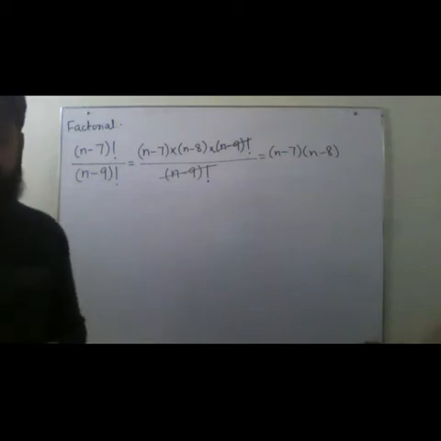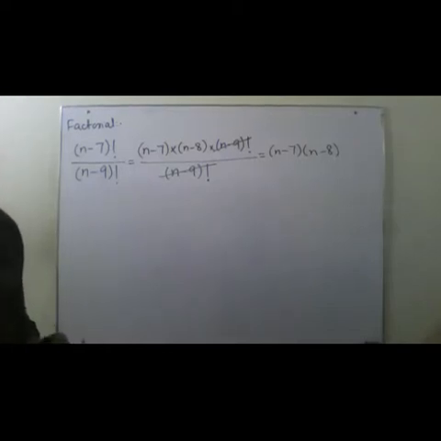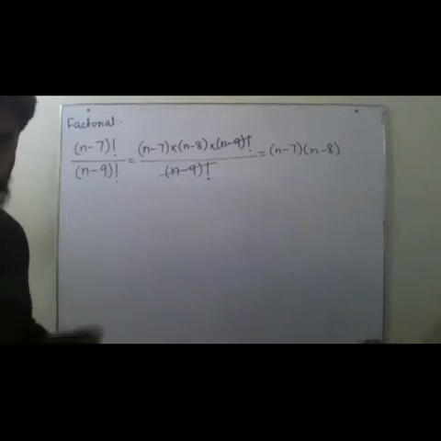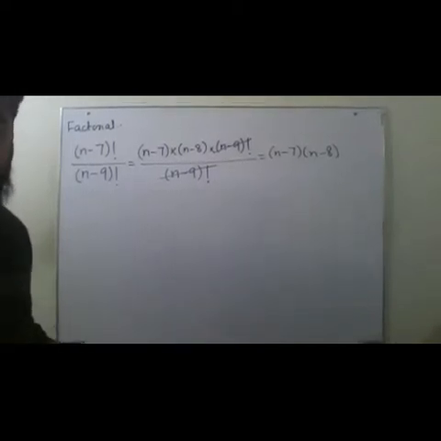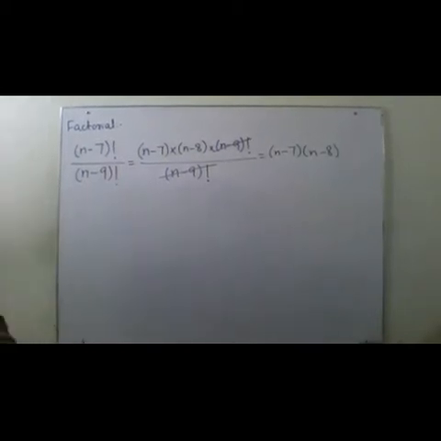How will you figure it out? If you haven't got a number, if you have got some variable and you have to find the factorial of those variables, always go for that number which has the lower number subtracted.